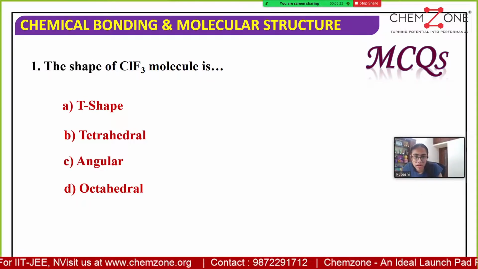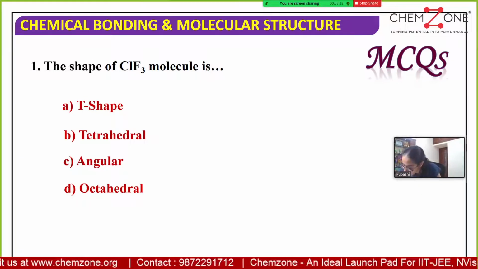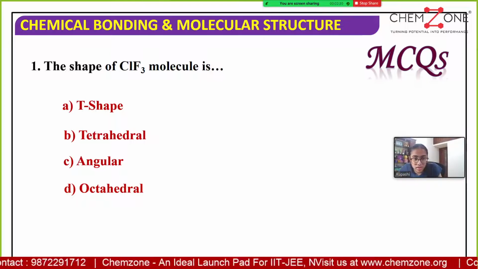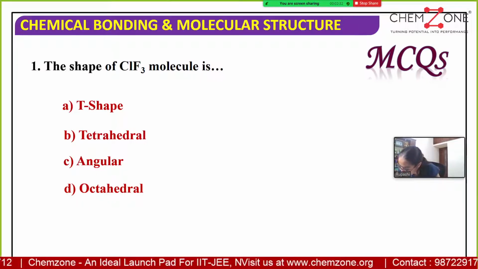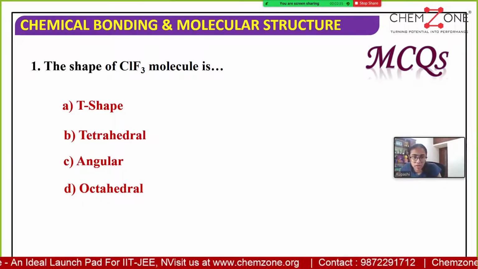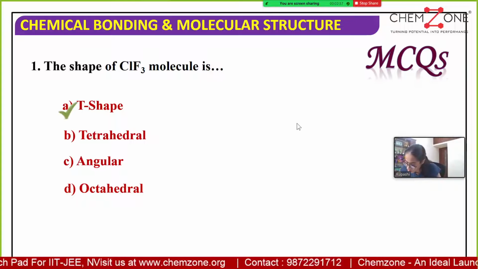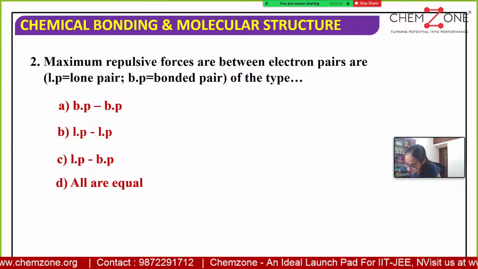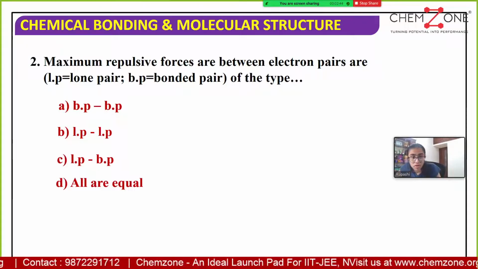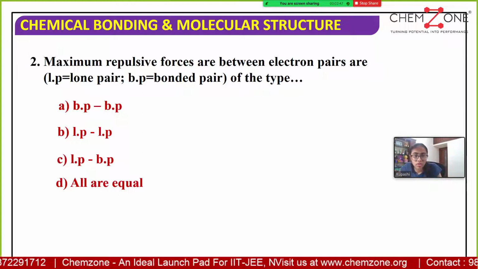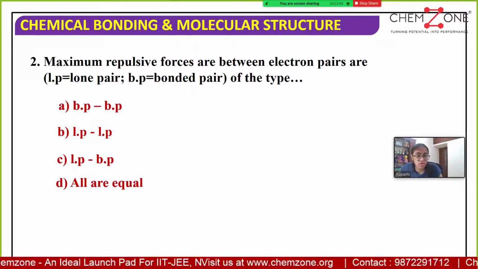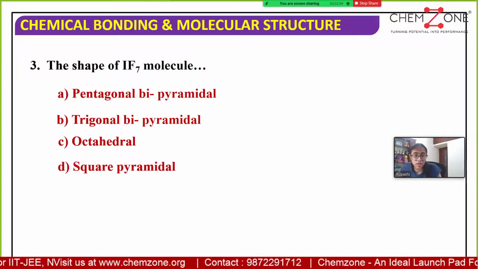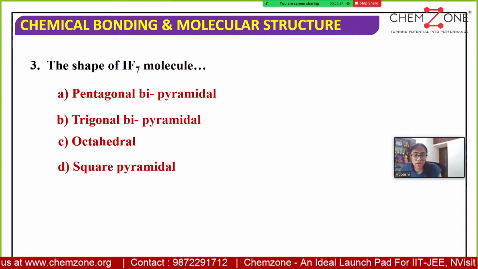Trigonal bipyramidal. No, one second. Bent, T shape. T shape, yeah. Right now we have done this. Okay. Lone pair, lone pair. Pentagonal bipyramidal.